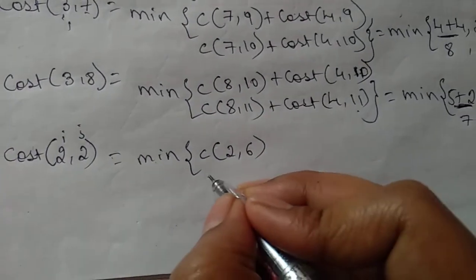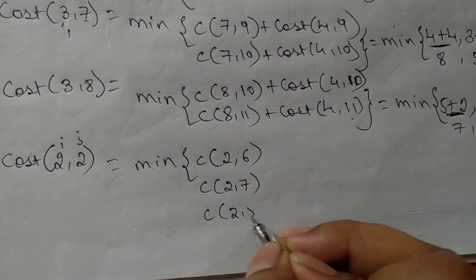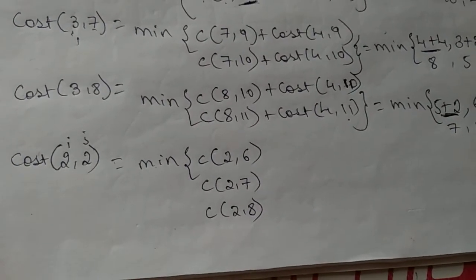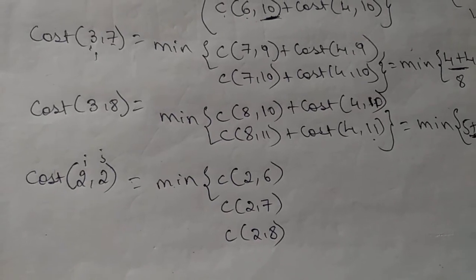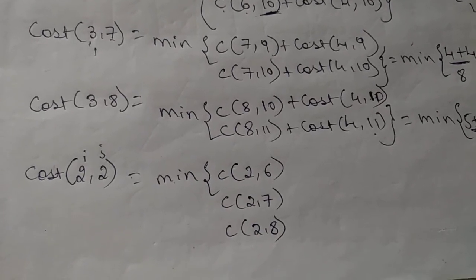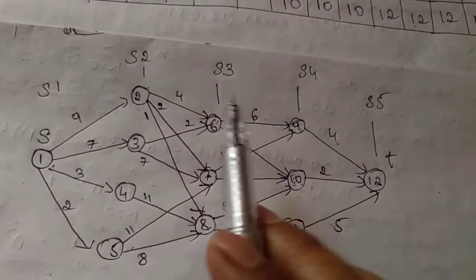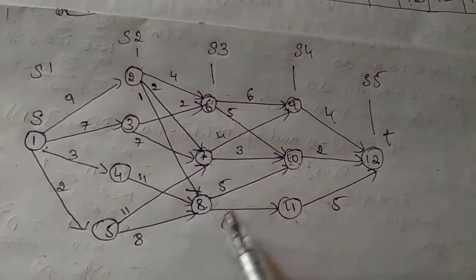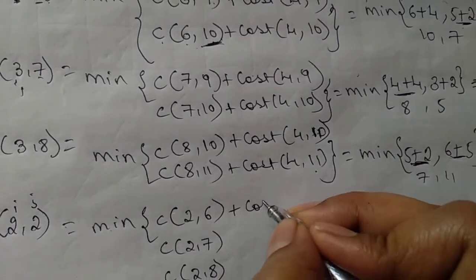So 2 to 6, 2 to 7, 2 to 8 I have to take. Because from 2 it is going to 3 different vertices. So I have to just take 3 different things over here. See, from 2 to 6, 7, 8. First I'll go with 6.